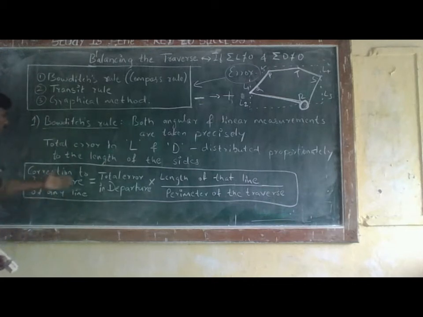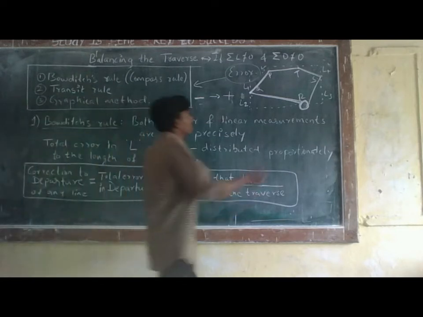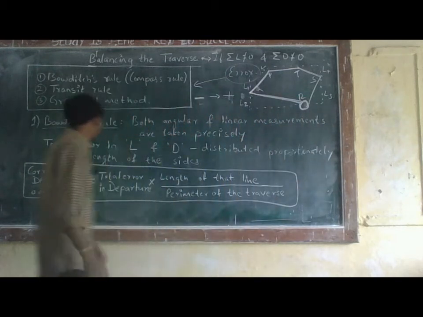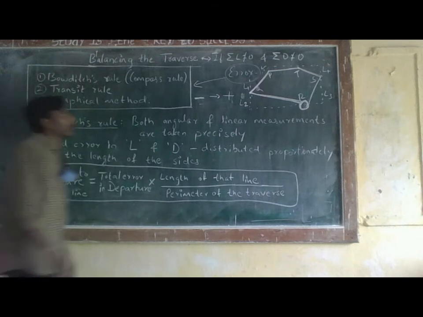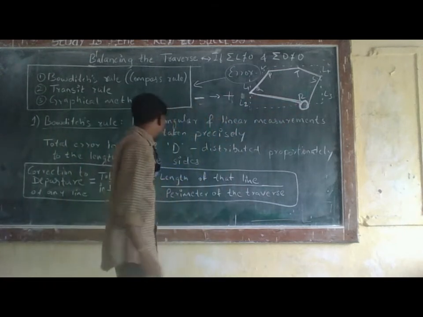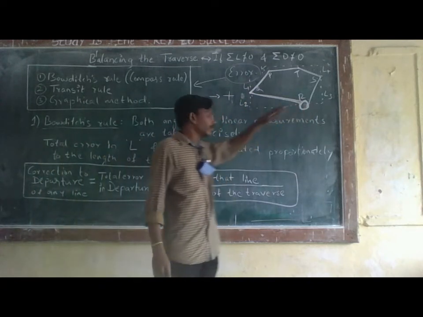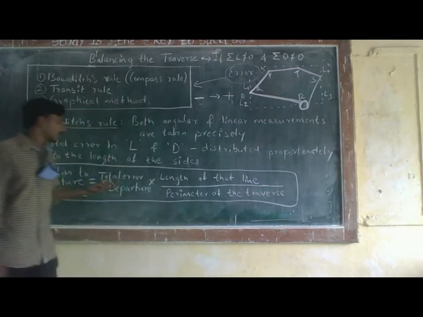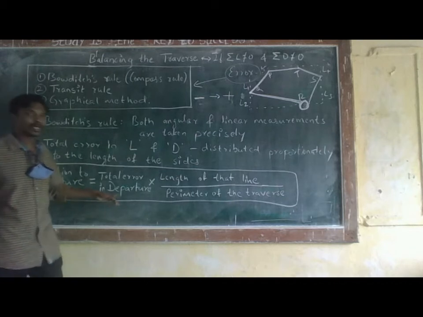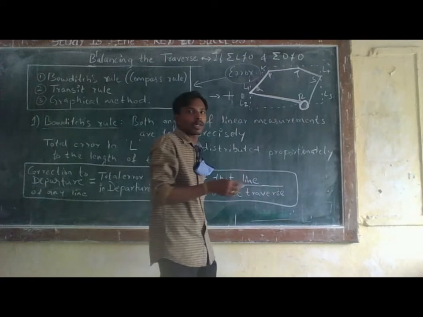So here if you are going to correct the departure of any line, which means if you are going to correct the line QR, then for that particular line you have to take the departure of the line QR. Take the total error in departure, which means the arithmetic sum of all the departures will give you a value.